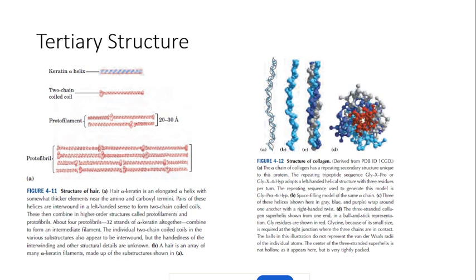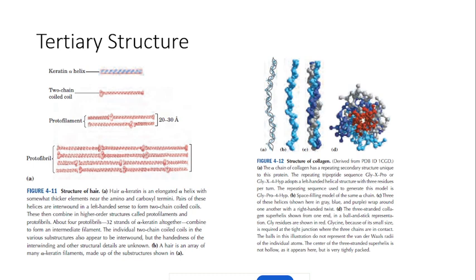So from the secondary structure definition, the amino acids make interactions with each other, and we get secondary structure. Here, in tertiary structure, multiple secondary structures will come and interact with each other, and they will make the protein structure more compact and more complex.